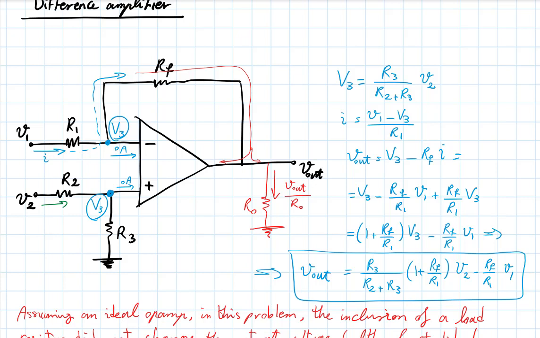Imagine this current I, if you calculate it, you put some numbers here and you get I equal 1 amp. And V1 is a small battery that can only give you 10 milliamps. Then what happens? Let's see where things start going wrong.